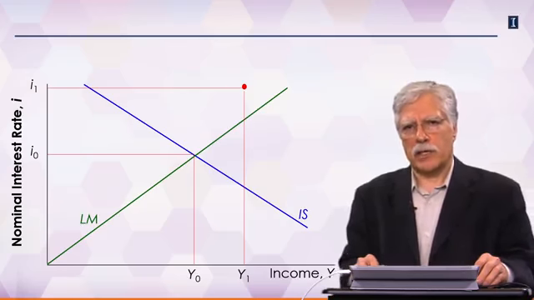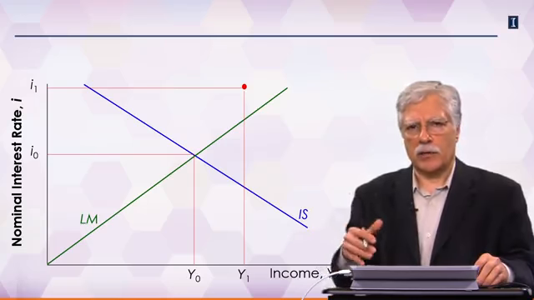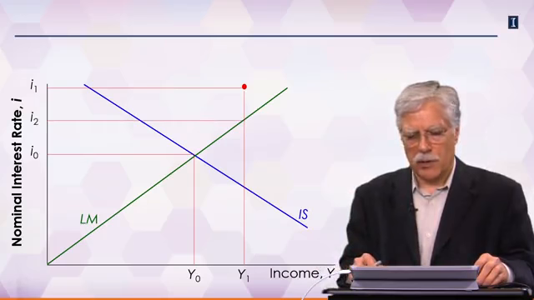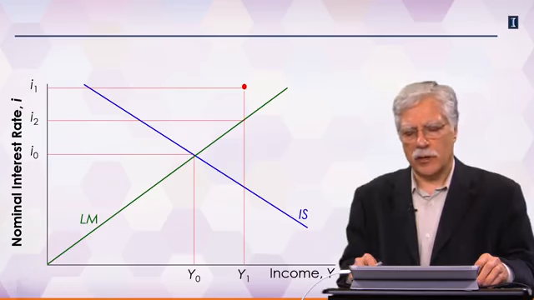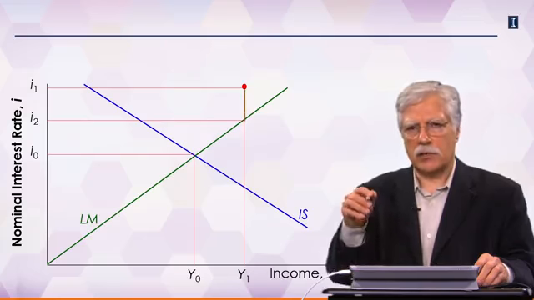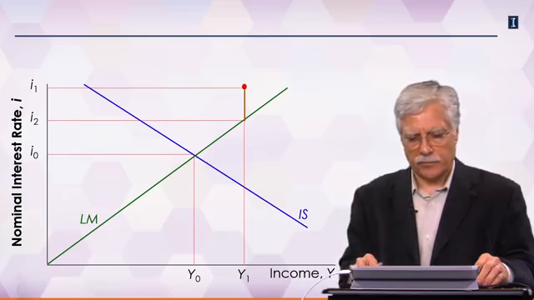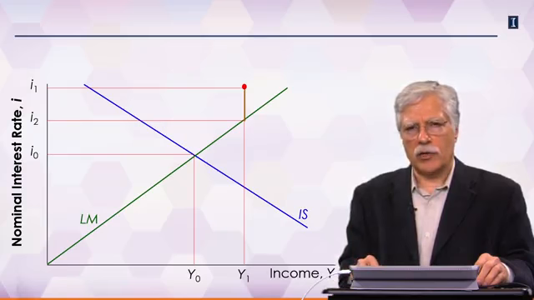High interest rate means that it's worthwhile to buy bonds, so demand for bonds goes up, and that lowers the interest rate. Because the money market clears very quickly, usually within days, at the level of income Y1, you're going to see interest rate drop until it reaches the LM curve. So interest rate I2 will prevail in the economy very soon if we start at point I1.